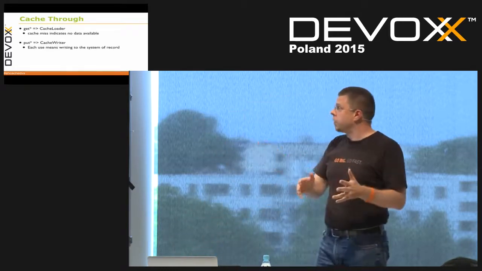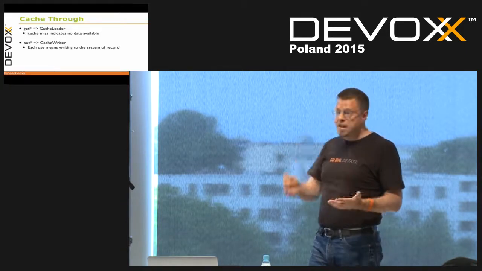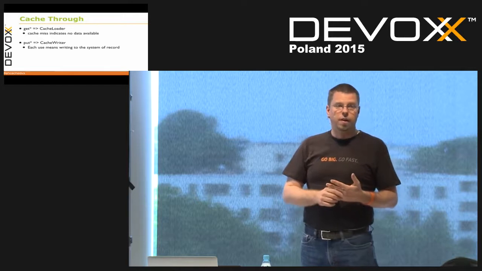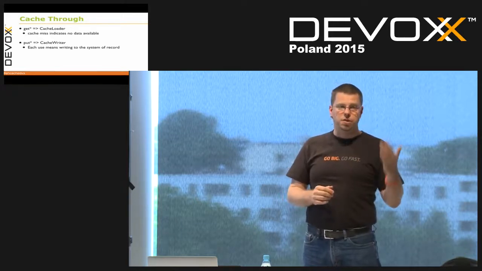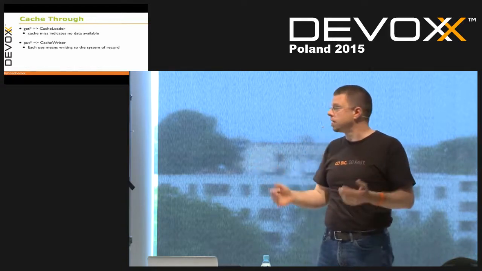Then every put-like operation will end up calling into the cache writer, which means that when I use that method, I'm actually writing to a system of record and potentially paying the price of the latency this takes.